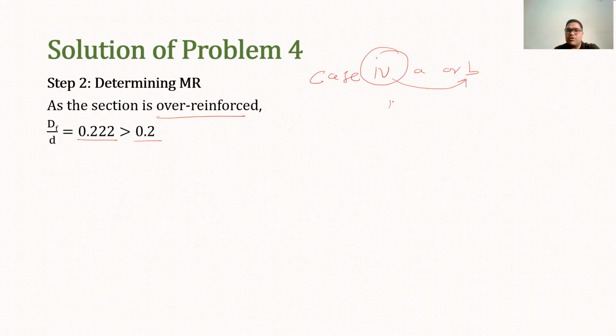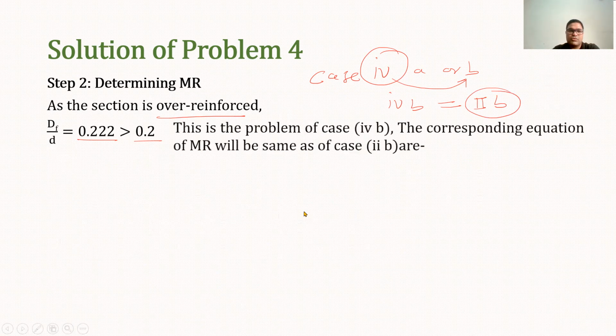And problem 4B is exactly similar to problem 2B. It means the formula that we used in problem 2 will be used here also. As I have written, this is the problem of case 4B. The corresponding equation of MR will be the same as case 2B.